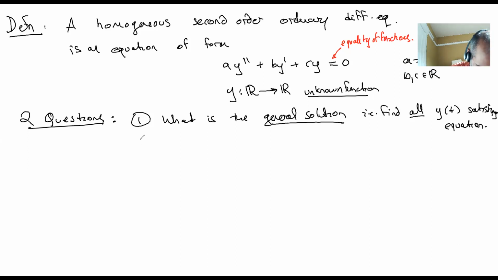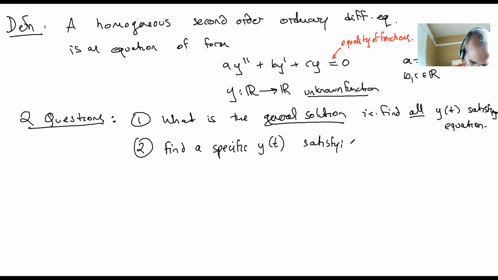The second question, which is called an initial value problem, is to find a specific y of t satisfying the equation and some initial conditions.